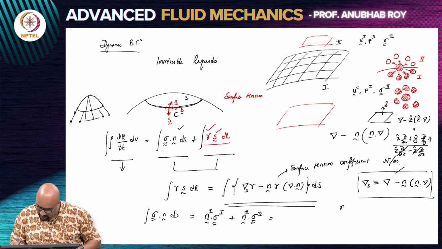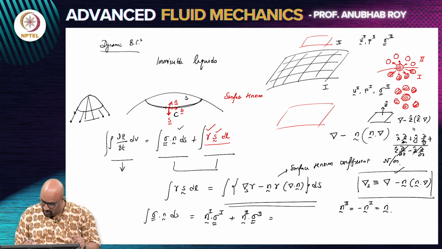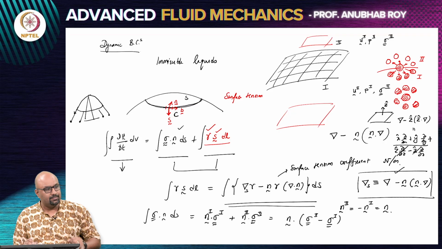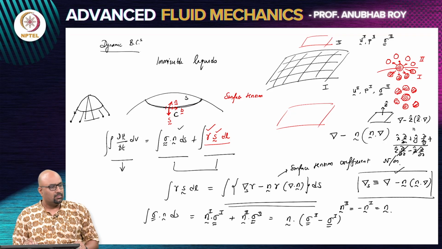So, what I had here, the normal pointing from region 2 to region 1, is minus n1, and I had written this as n. In which case it is going to be n dotted with sigma 2 minus sigma 1.